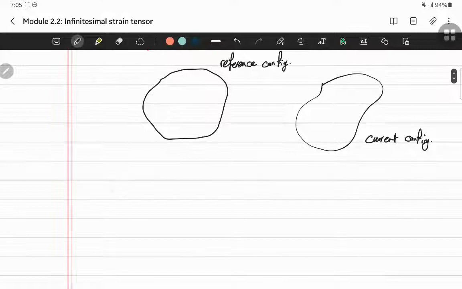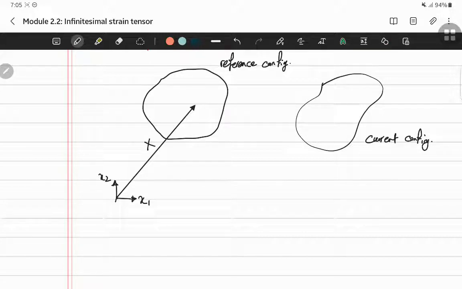All right. So we already said that we have a kind of region here. So maybe x1, x2. And we said that we have a vector where we use the capital X. So this is the initial or the base or reference configuration.